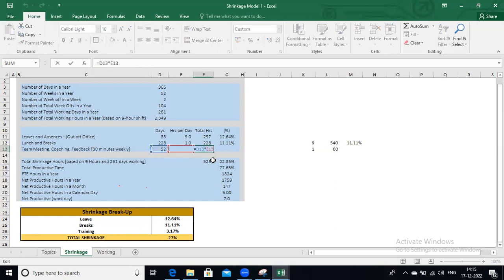And if we are converting it into hours for a week, that would be 65, and the percentage is 3.17%.